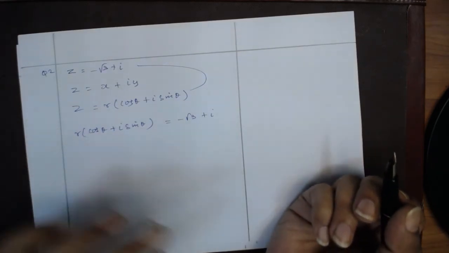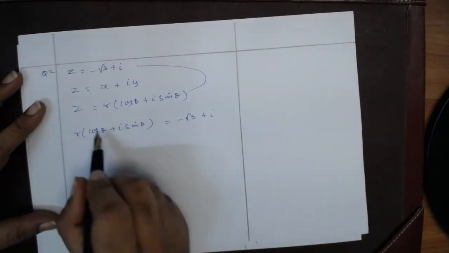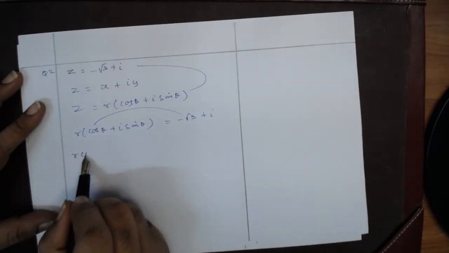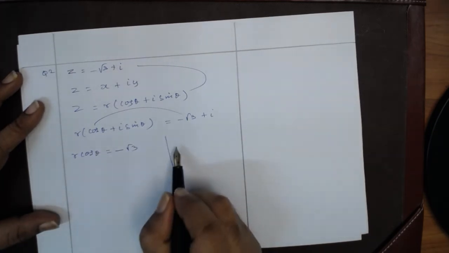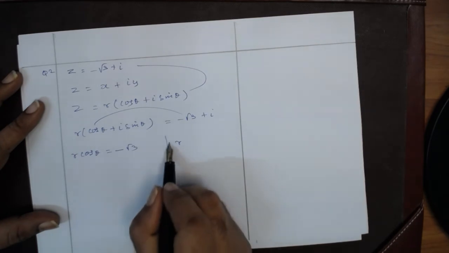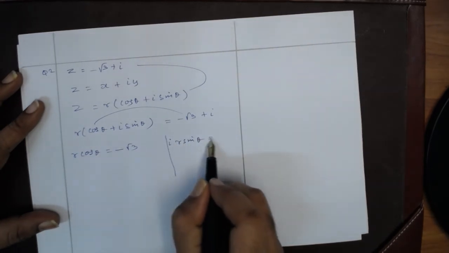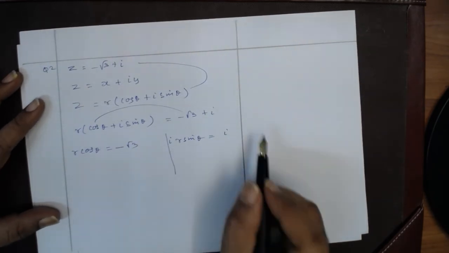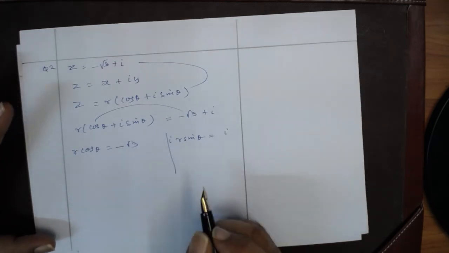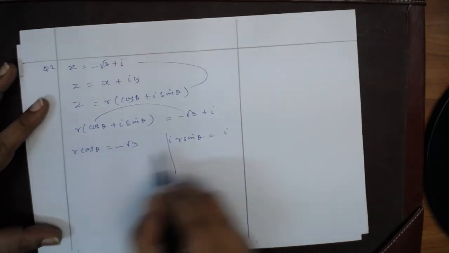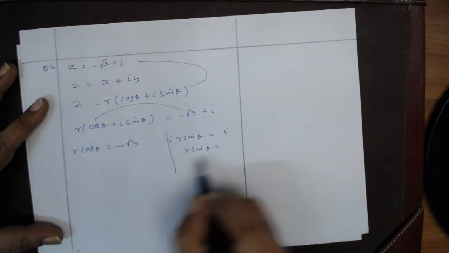Minus root 3 plus i is represented like this. And when we compare both, r cos theta is minus root 3. Similarly i r sin theta is i, that is equal to 1. The i cancels, so we can take this as 1, right? So squaring on both sides, what will happen? r sin theta is equal to 1.